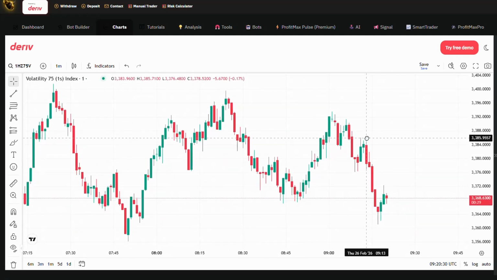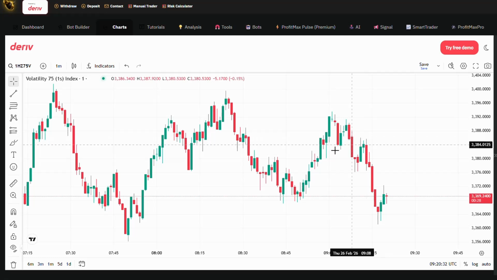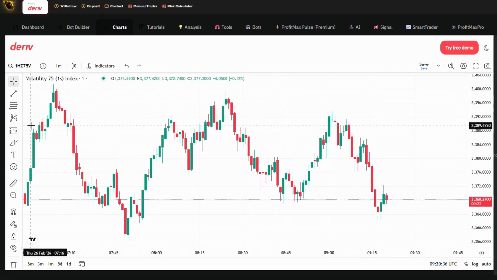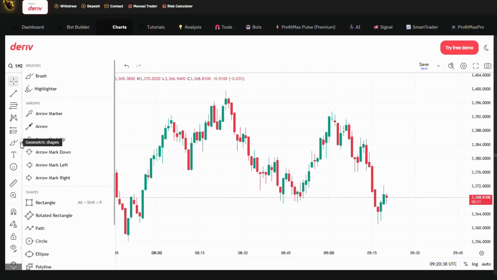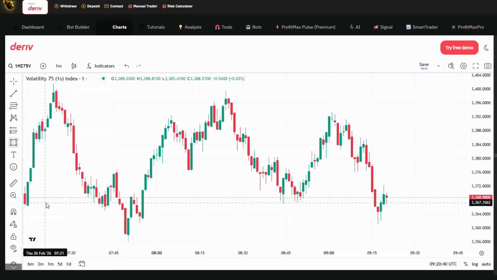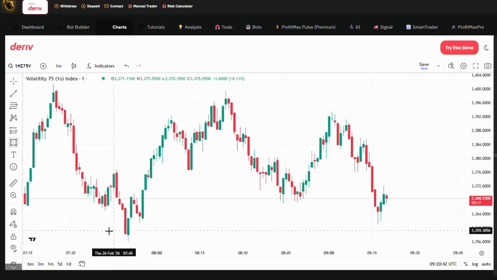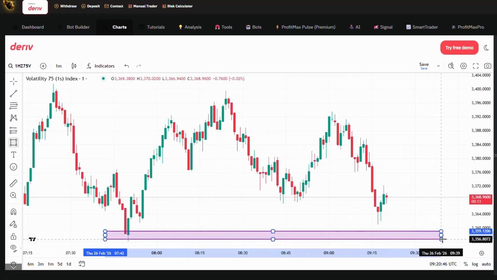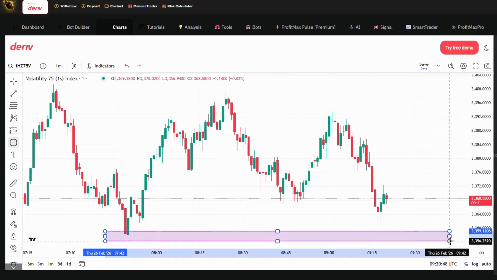But since we are doing 1 minute and using a bot for entry, we can now map out the support zones. And this is a support zone, meaning the market came here and then there was a rejection. It went up.